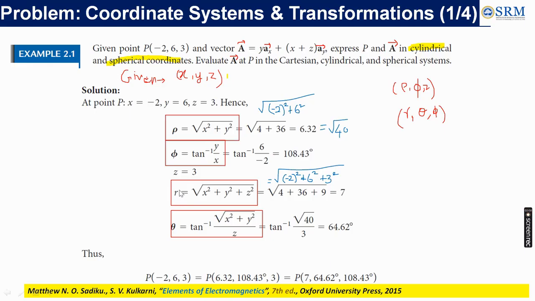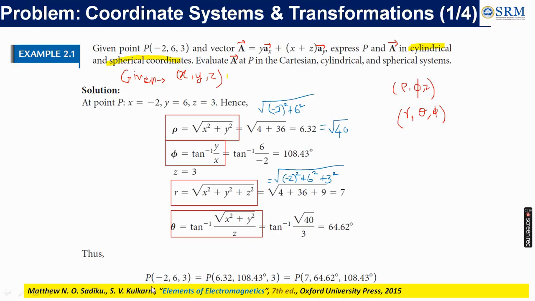Whereas for spherical coordinates, the r value is given as root of x square plus y square plus z square, that is equal to root of minus 2 the whole square plus 6 square plus 3 square. So the answer that we will get is root of 49, that is equal to 7. Whereas theta is equal to tan inverse of root of x square plus y square divided by z, that is equal to tan inverse of, already we have computed here, root 40 divided by 3, and we will get this particular angle.